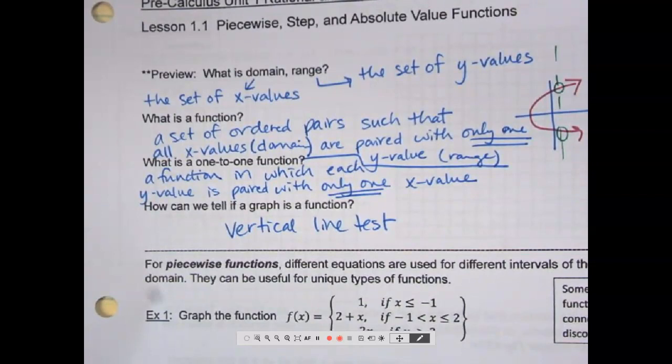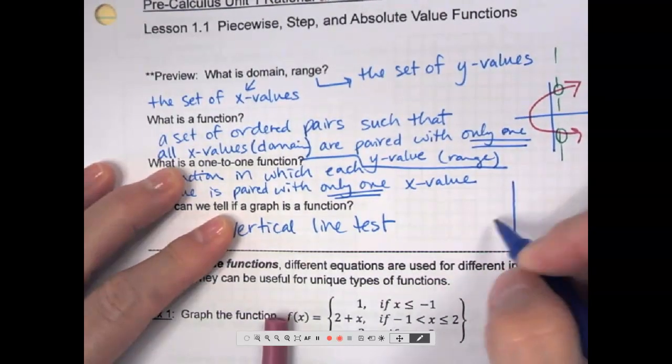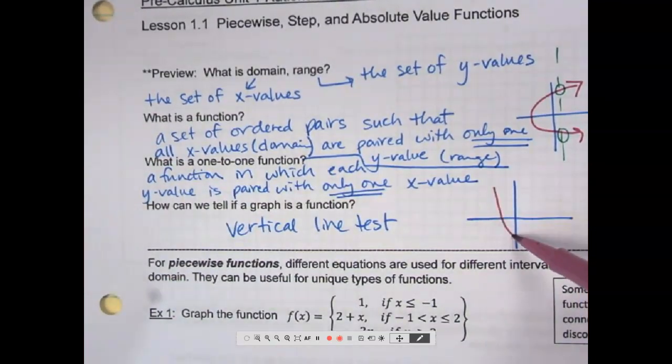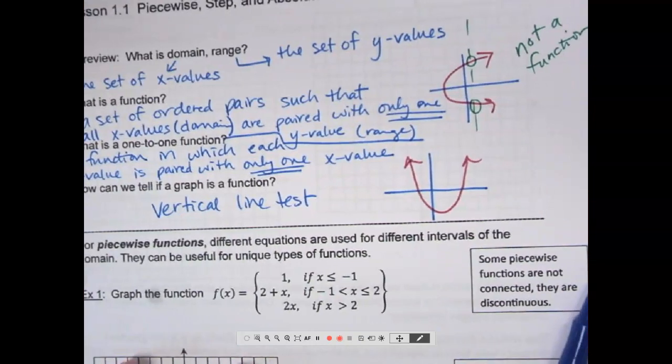So what do you think a test would be for one-to-oneness? Horizontal line test. Okay, so let's take a normal parabola. Is that a function?